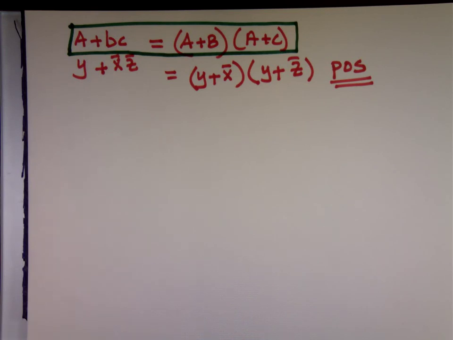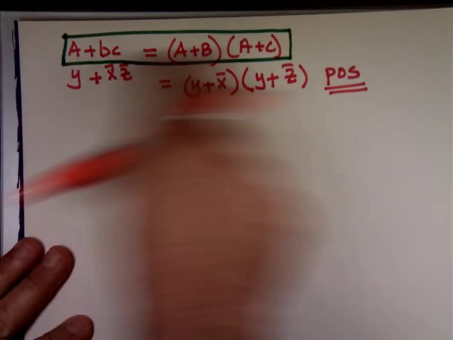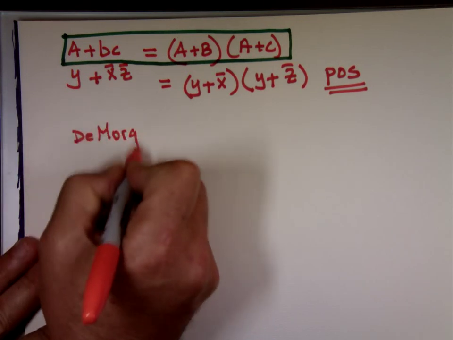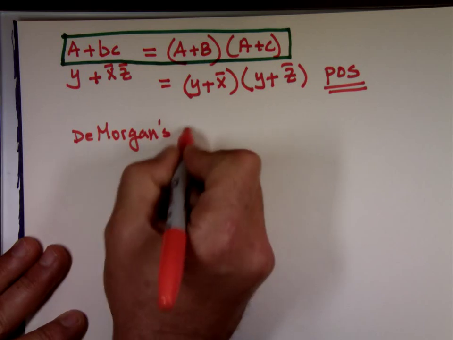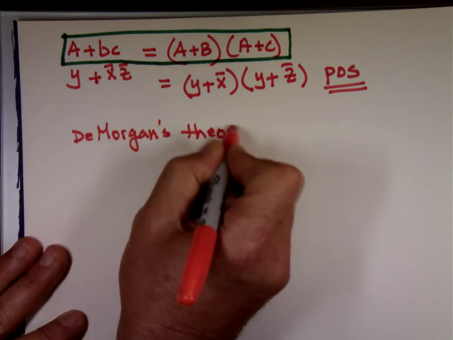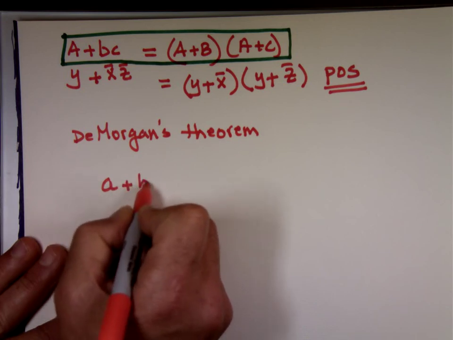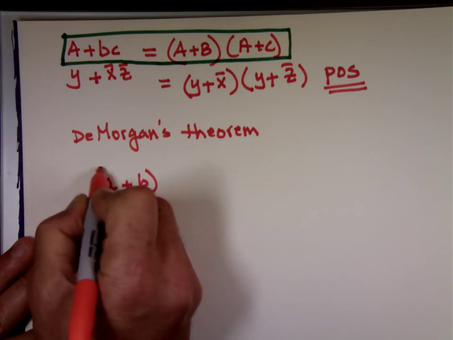We also have a couple of theorems called De Morgan's theorem for addition to these rules. And it says A plus B, and you want to do the complement of that.